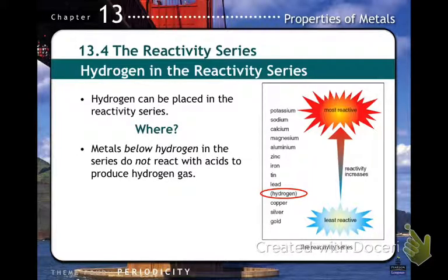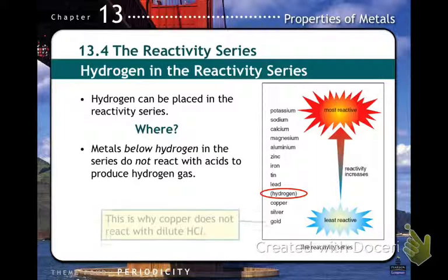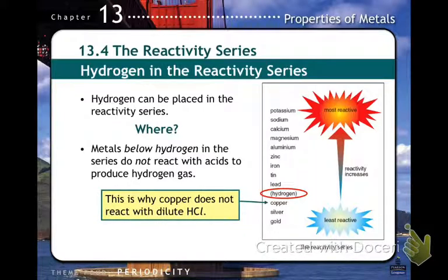So we use it because of its characteristics, and it is placed between lead and copper. It is used like a benchmark per se. Any metals below hydrogen will not react with acids to form hydrogen gas. That's why copper, silver, and gold do not react with dilute HCl.